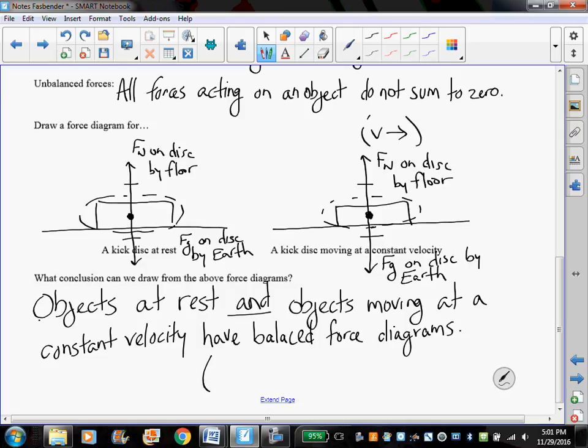And just for good measure, we can remind ourselves that this is really trying to describe to us Newton's first law. All right, very good.